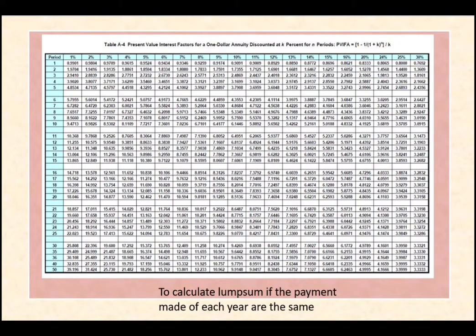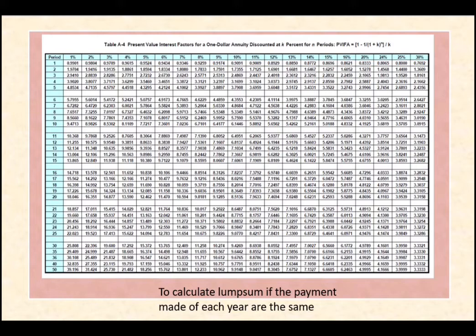This is the present value annuity table. We use this table if the payments are the same every year. For example, if I'm paying 2000 for 2 years, which means 2000 in the first year and 2000 in the second year, that means 4000, right? So the 4000 is the future payment.